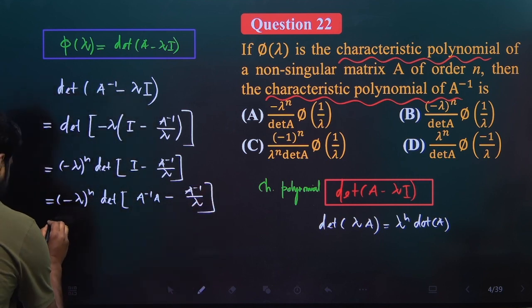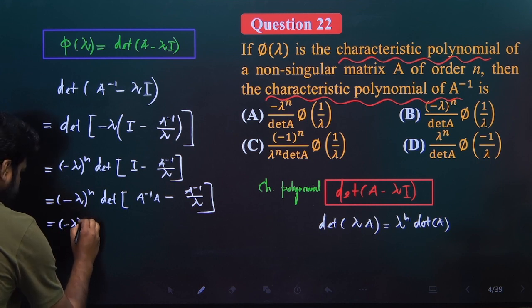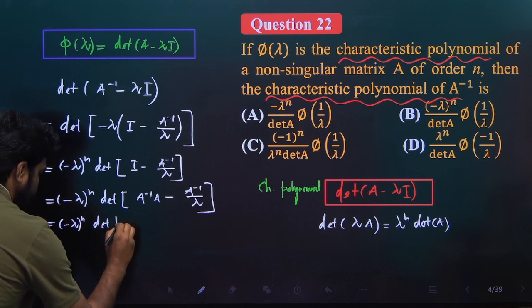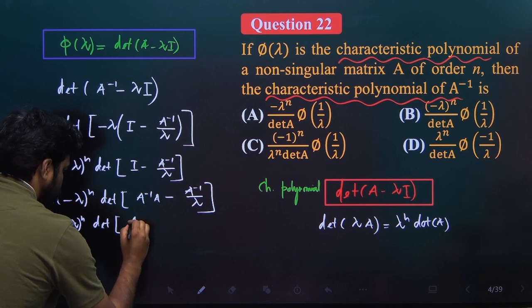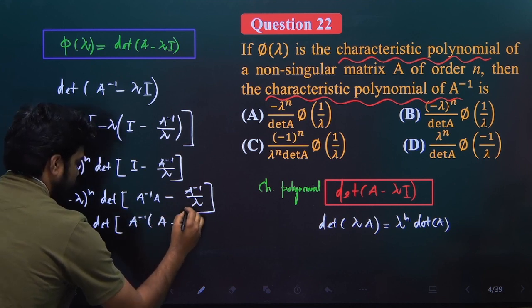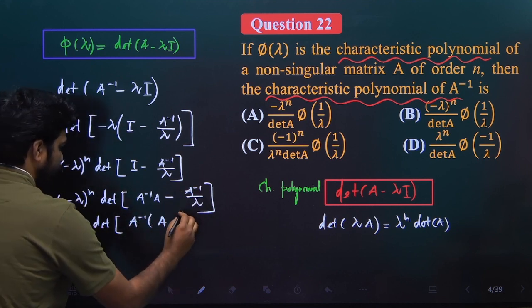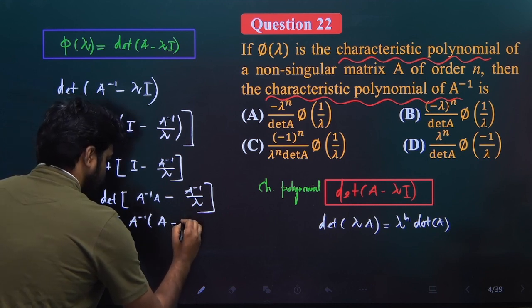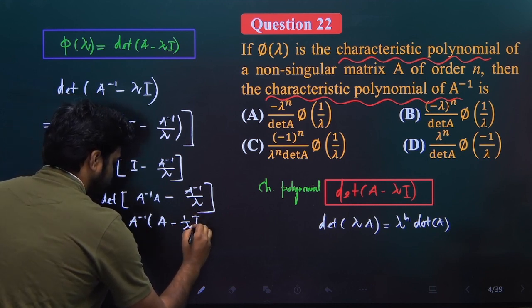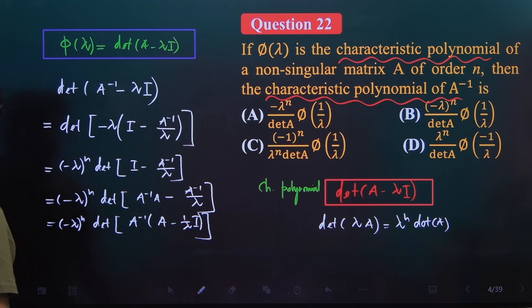So this equals minus lambda to the power n; taking A inverse common, what we get is A minus 1 by lambda, that means 1 by lambda into I.